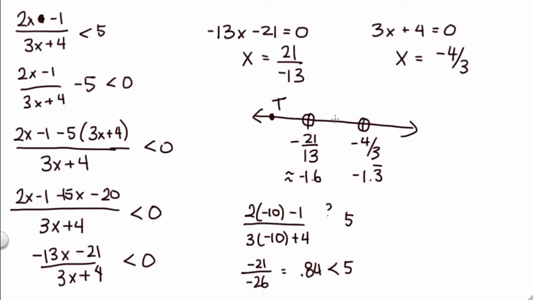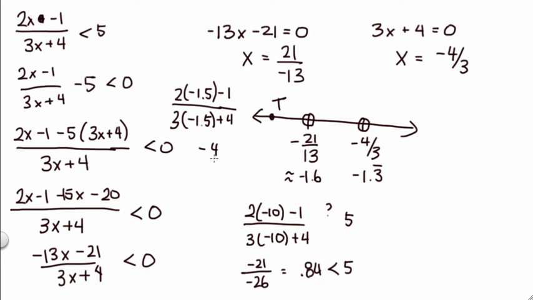Right? And then in between here, let's say negative 1.5. Okay? So 2 times negative 1.5, minus 1, over 3 times negative 1.5 plus 4. So 2 times negative 1.5 is negative 3, minus 1, which is negative 4.